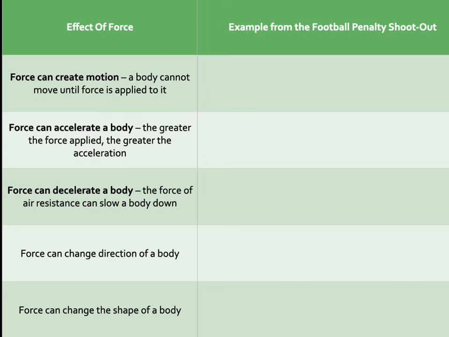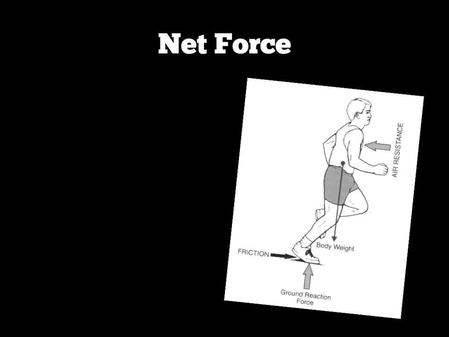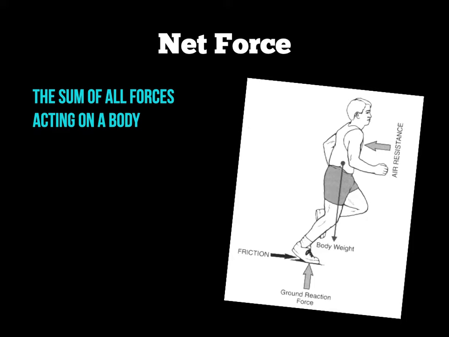Alright, so that gives you a summary of an outline of force and its basic effects, what I like to call the simplistic nature of force in this OCR A-Level PE exam. Moving on then, the next concept we're going to look at is net force. Net force is just the sum of all forces acting on a body. So it's the calculation of all the different forces acting on a person or acting on an object.